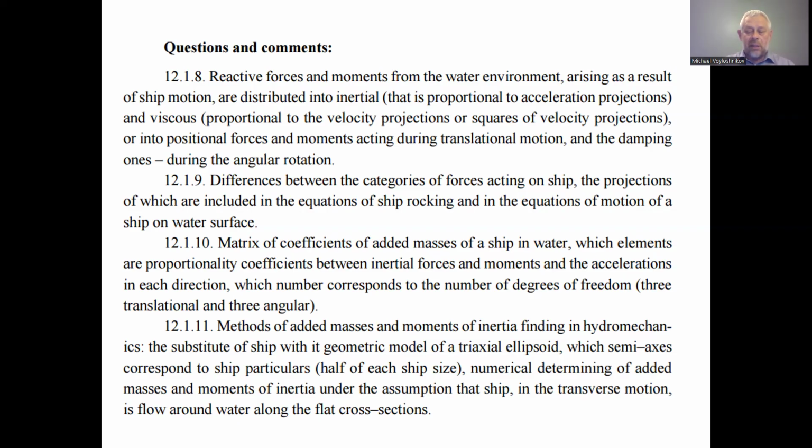And the second index means in what direction the motion of the ship caused the force or moment to arise in the first index direction. The system of the matrix of the coefficients of the added mass is the same as for the damping coefficients, the same system of indexes as for the added masses.